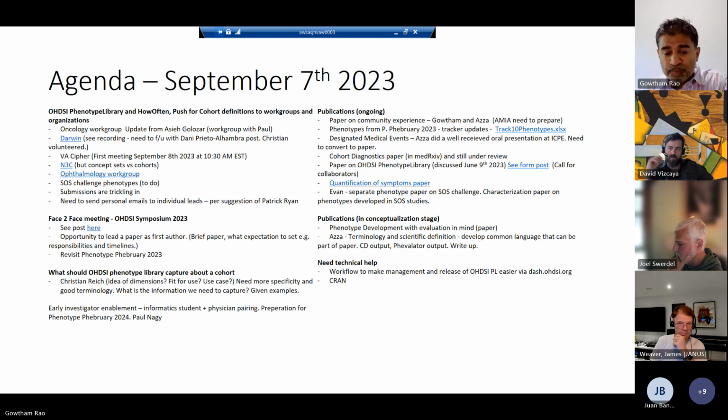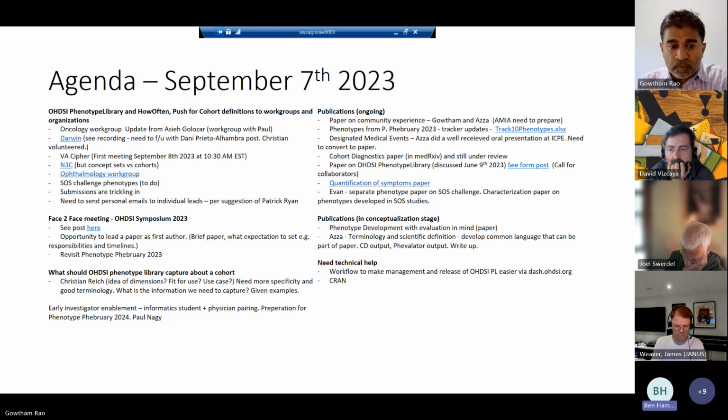Yeah, I think this ties into Christian's idea of dimensions in terms of the phenotype library. I would support including a concept set as a definition with the caveat that it's clearly identified as such, and where it has been validated, to make sure that people don't misunderstand or misuse it and assume it is a traditional phenotype definition.